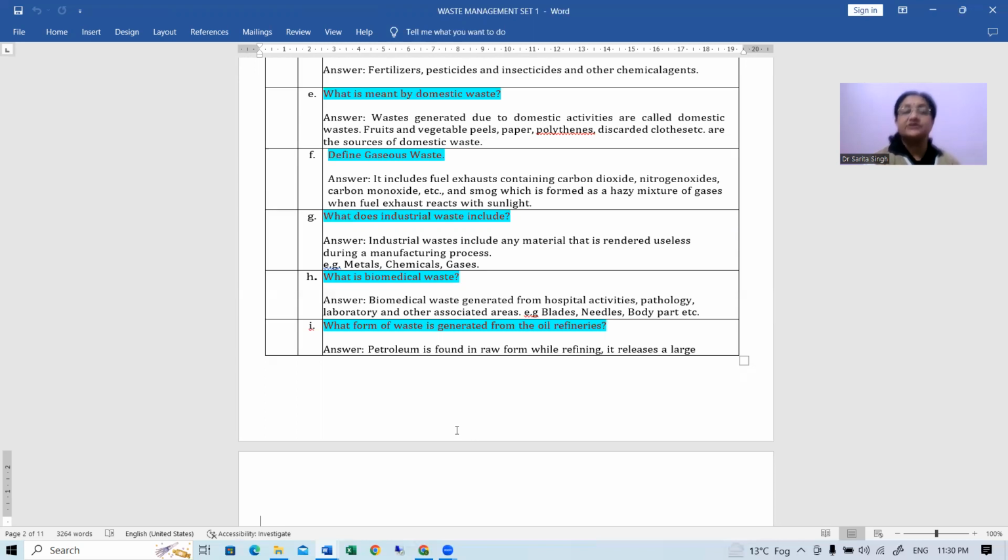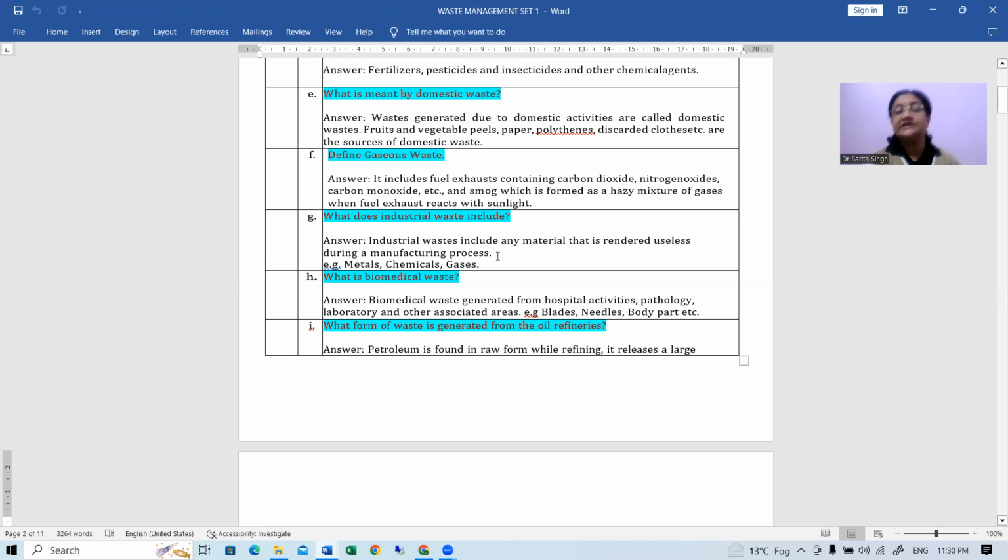Next is, what does industrial waste include? Industrial waste includes any material that is rendered useless during a manufacturing process. Okay, it can be metals, it can be chemicals, it can be various gases, right, which are released from any industrial unit. Next is, what is biomedical waste?